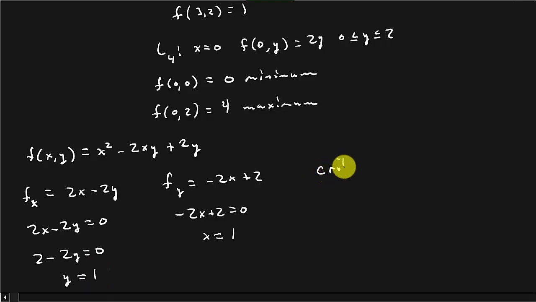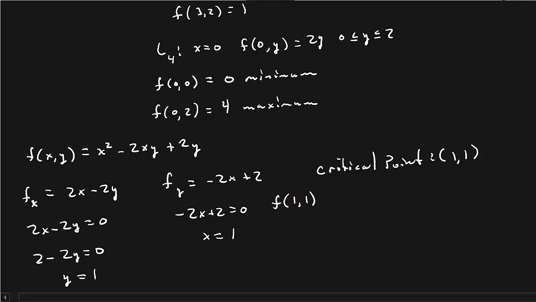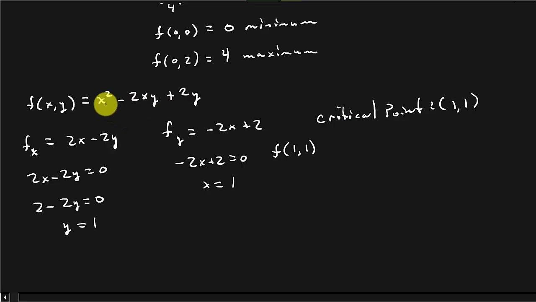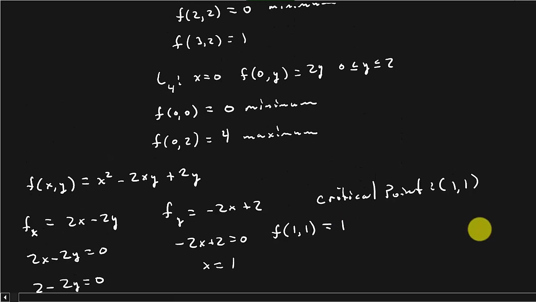So my critical point is 1, 1. And what do I get for f of 1, 1? If I plug 1 into the function, that's going to give me a value of 1.